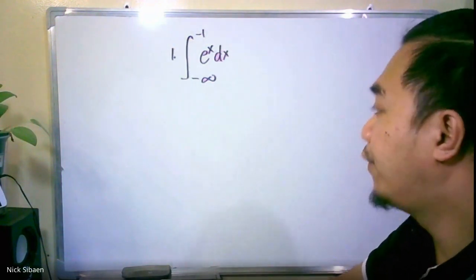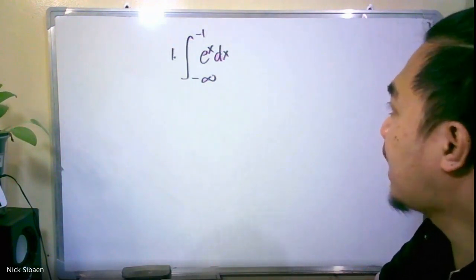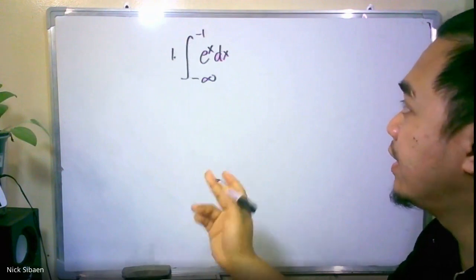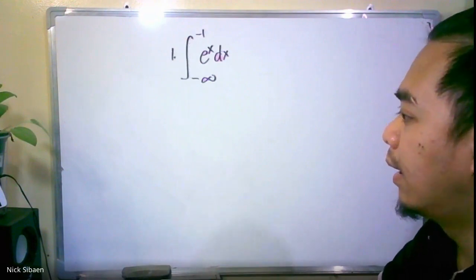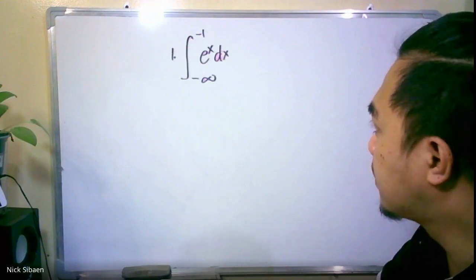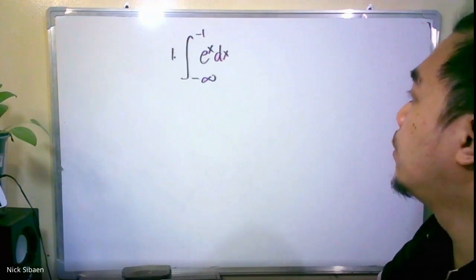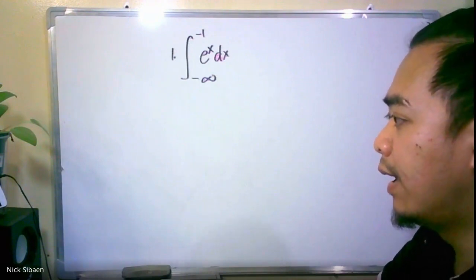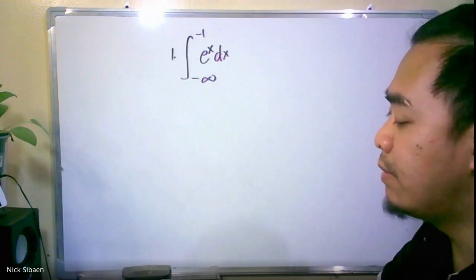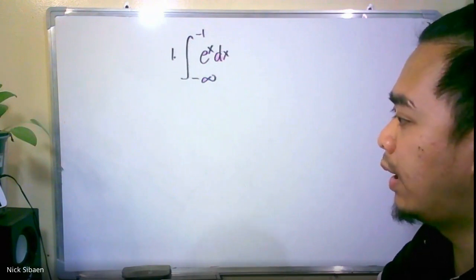So again, if you are asked what type of improper integral, this is an improper integral because we can see that one of the limits is an infinity. Specifically, it's the lower limit, that's negative infinity. The upper limit is bounded, that's negative 1.